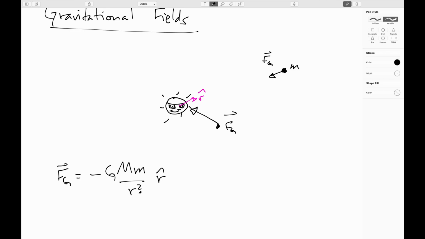But in a certain sense, if I'm wanting to think about how the sun is influencing space, so remember in our model of how gravity works in the weak field limit, we're saying the sun is influencing space and then space interacts with the rock.